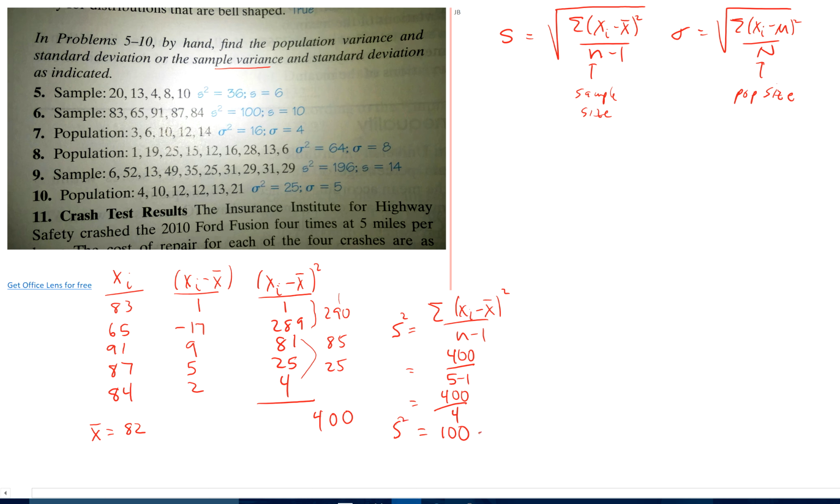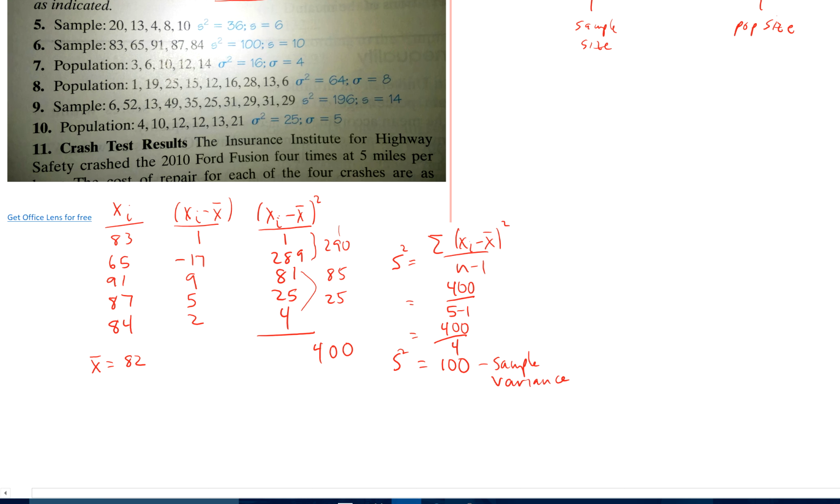So this right here is called the sample variance. Okay, we're going to talk more about variance later on. It's just a different measure of spread, but the units are square units.